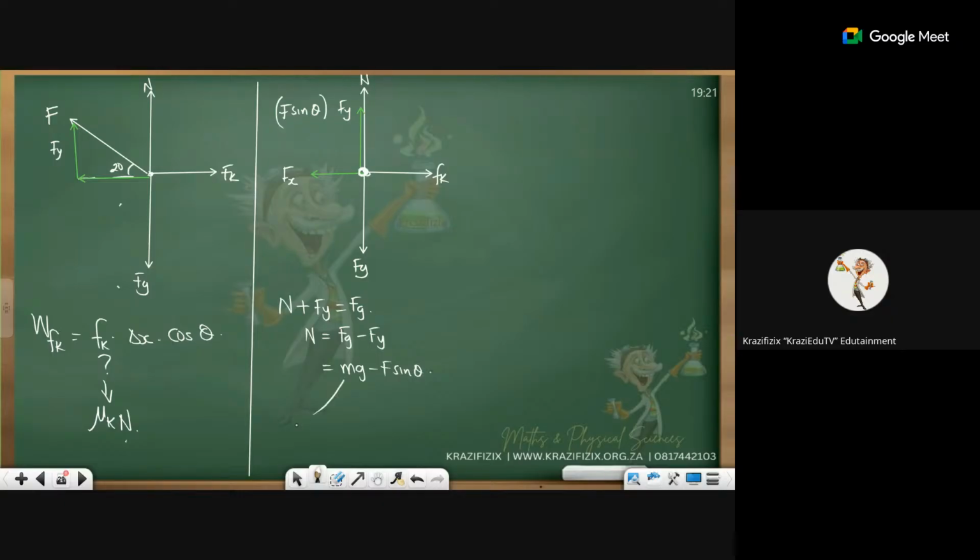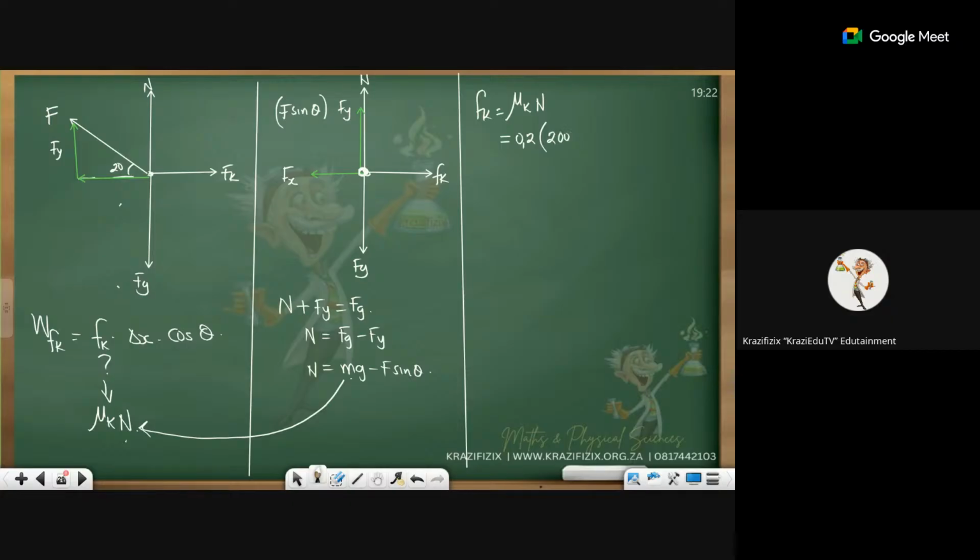That normal should come here for me to get friction. No, Fy. Okay. So what is now my frictional force? Let's quickly get friction. Friction is mu K N. Right? Already we have N. What is my mu? 0.2. What is the mass? 200.